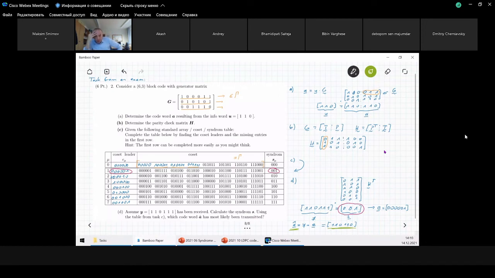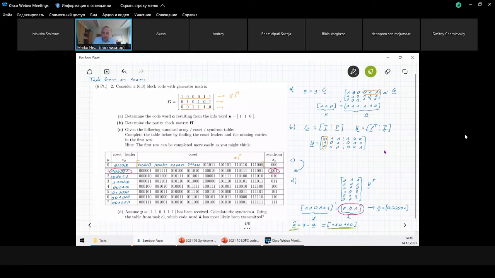So if we observe 110, 111, most likely the valid code word 110, 110 was transmitted. So this is what our coset decoder, our syndrome decoder tells us.